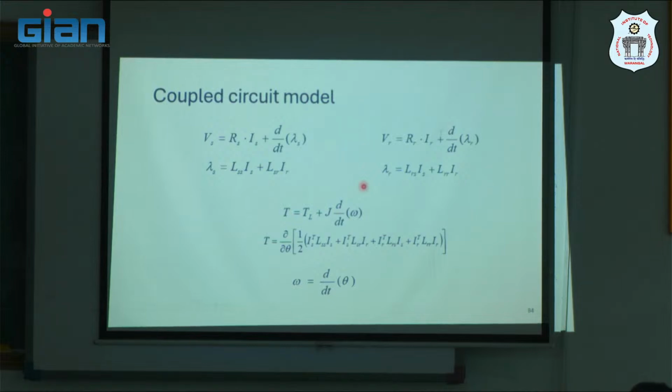But what really happens is when we have air gap non-uniformity, if you recollect your morning session, we wrote the expression for inductances, right? Inductance is N square over reluctance. Reluctance depends upon the air gap. Now the air gap is no longer a constant. That means your inductance will no longer be a constant. Inductance will be a function of theta.